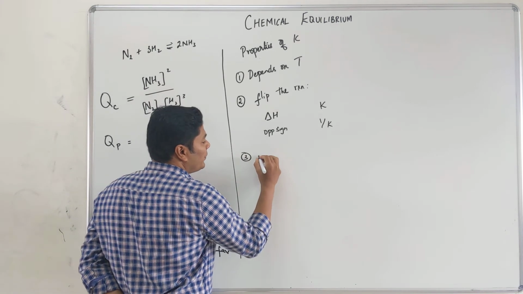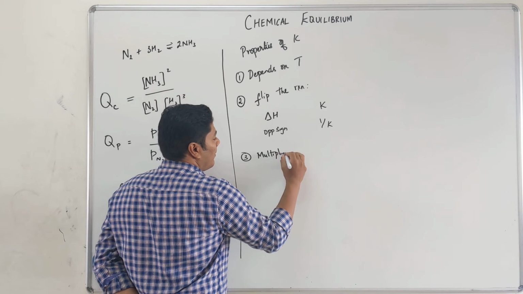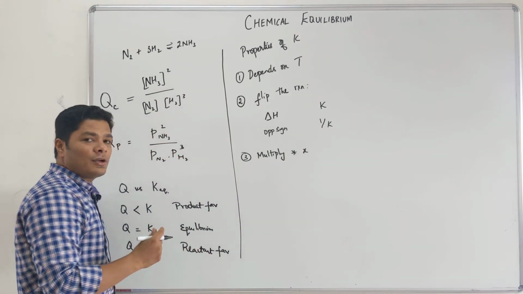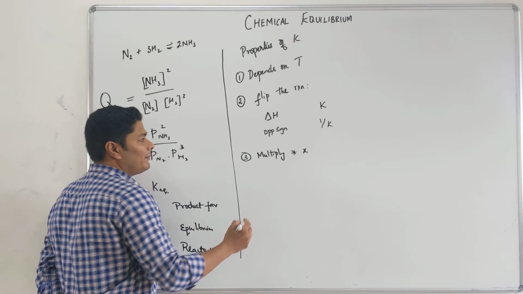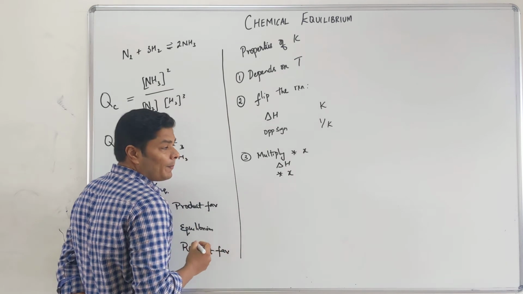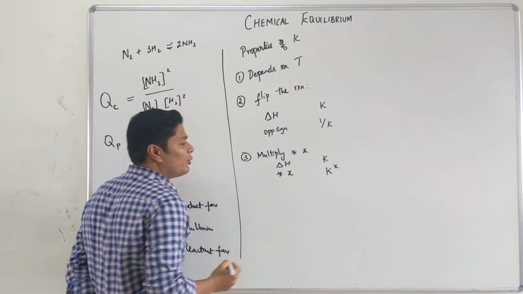When you multiply, let's say by X, in Hess's law when you multiply, delta H gets multiplied. K value becomes K to the power of what you multiply.